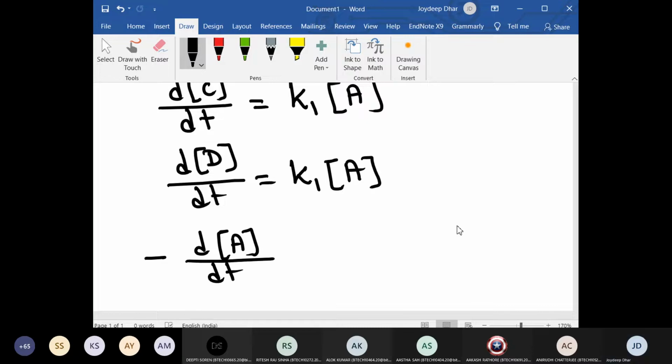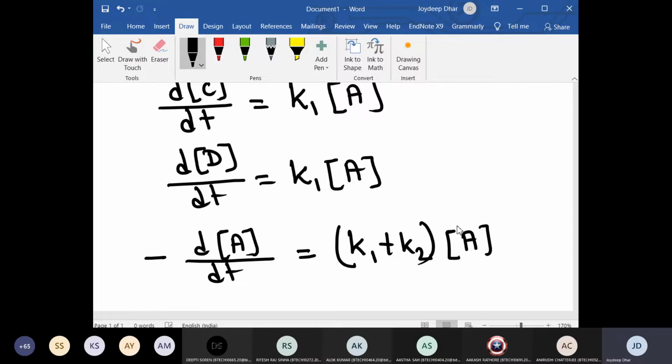So A is consumed by two different reactions. For the sake of simplicity, I can say it is a summation of rate constants. It is just like simple summation because two different reactions are going on with rate constants K1 and K2.